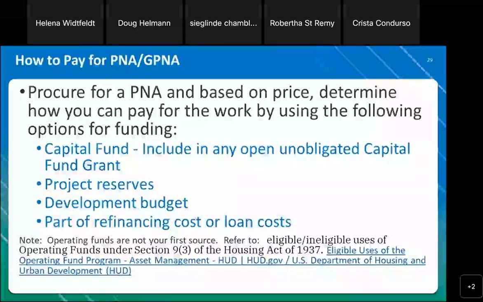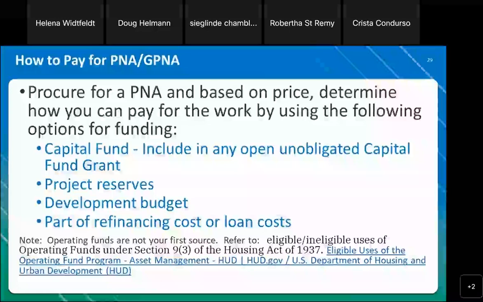You can use project reserves if the project already has reserves, such as one that converted through LIHTC or HOPE VI or whatever tool. In your current development budget that you're preparing, you can use dollars set aside in the fees and costs, or in your refinancing under the loan, you can also finance it. You can float the money first and then get the reimbursement back through your loan costs that you're incorporating.